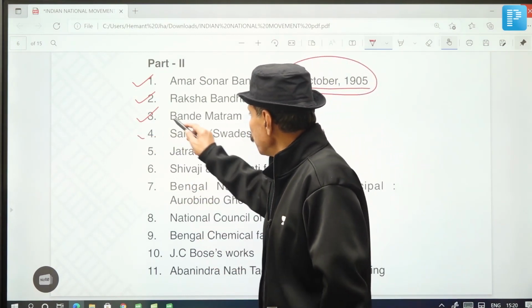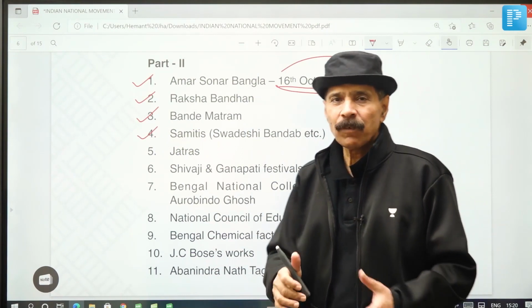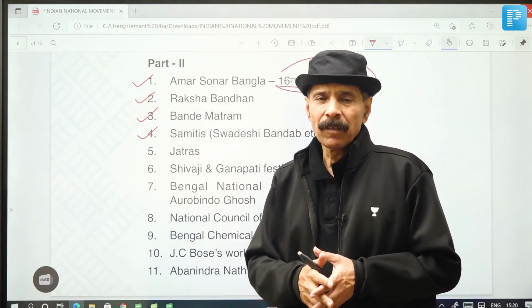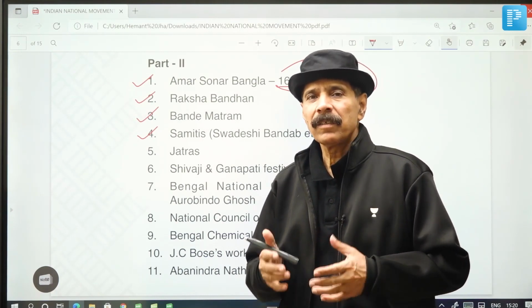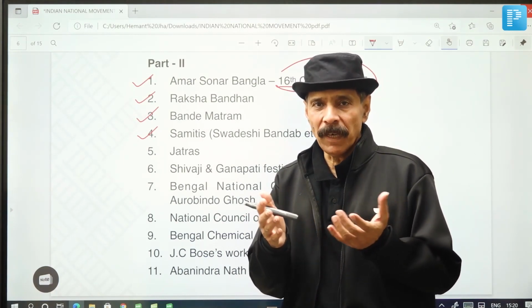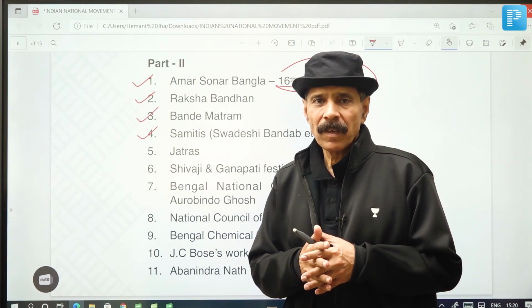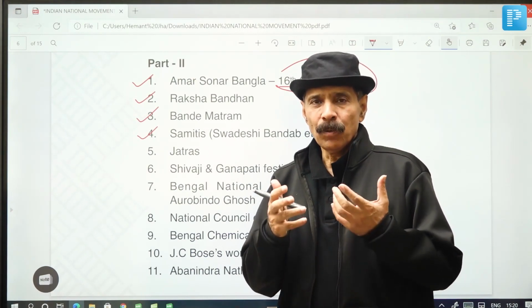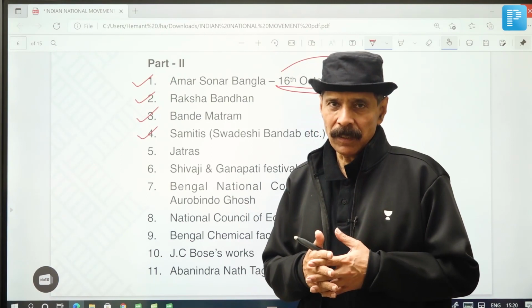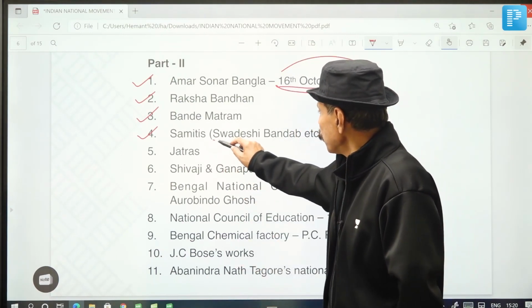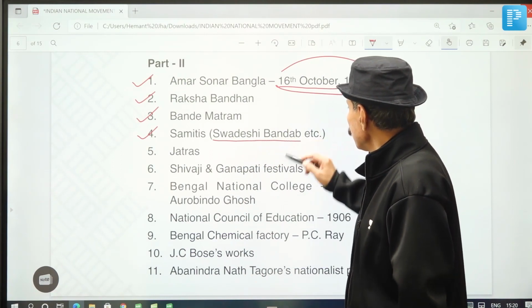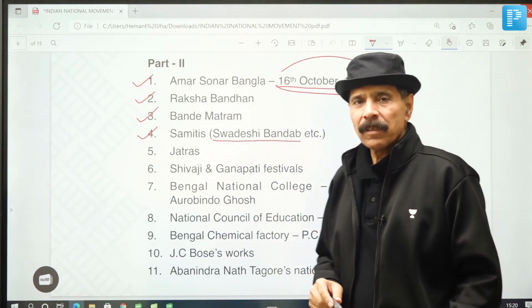Next is Samitis. Samitis refer to societies. A good number of Samitis were founded and their work was to spread Swadeshi among the masses and to promote the idea of Atmasakti. One important Samiti was Swadesh Bandhav Samiti at Barisal in Bengal.